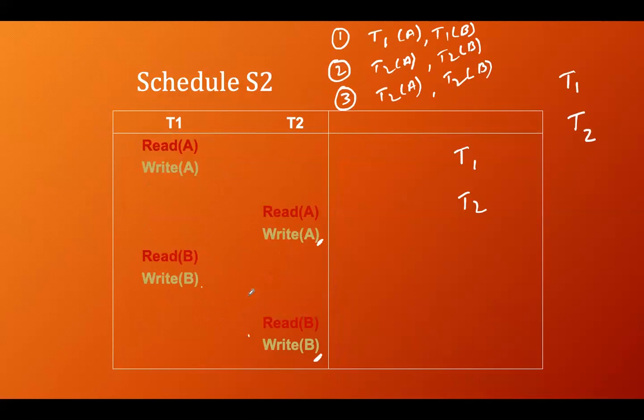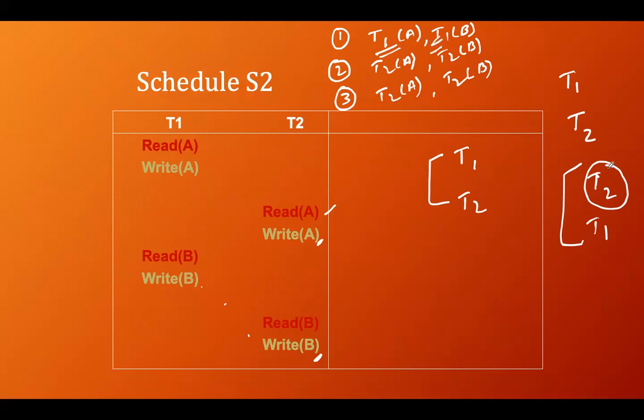So can I say this non-serial schedule is view serializable? Yes, this non-serial schedule is view serializable. Why? Because I got the serial schedule. This T1, T2 is my serial schedule. Can I say T2, T1 is my serial schedule? No, because if I do T2 first, fresh read will be done by T2, but who is doing the fresh read? T1.